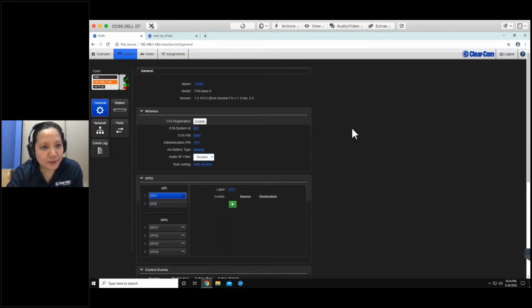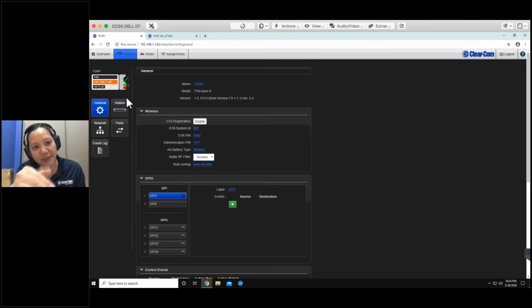Can everybody see the web GUI? Okay, so this is a FreeSpeak base station. It's running version 1.52, although the number here doesn't really tell you that. This is a base that is plugged in with just one power supply; we didn't plug in the external power supply, so you can see that here as well. Here is the local address of the base station.